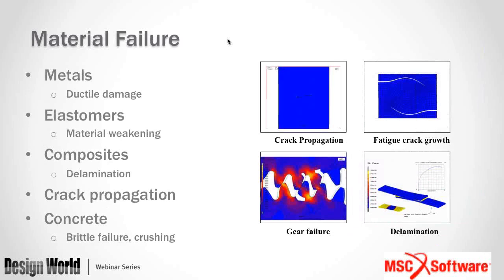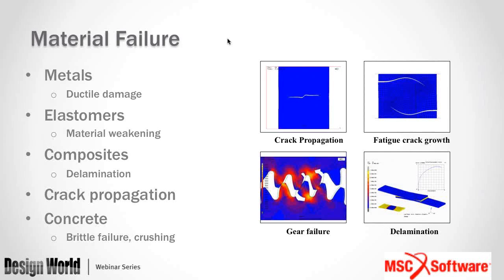In addition to modeling the actual constitutive behavior of a material, it's also very important to understand if the structure is going to fail, and if so, under what conditions. Different materials do exhibit different failure mechanisms.